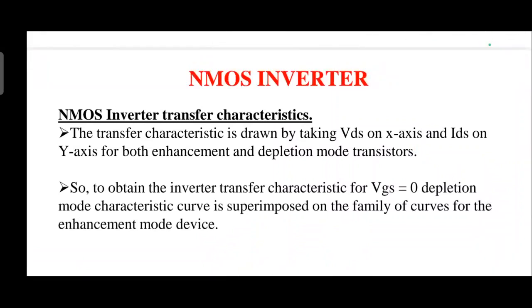Now if you look at the NMOS inverter transfer characteristics, these are obtained by taking VDS, that means drain to source voltage, on the x-axis and drain to source current on the y-axis for both transistors, that means the enhancement mode as well as the depletion mode transistors. In order to obtain the transfer characteristics, it is necessary to superimpose the gate to source voltage, whose value is 0 for the depletion mode transistor, on the family of curves for the enhancement mode device.